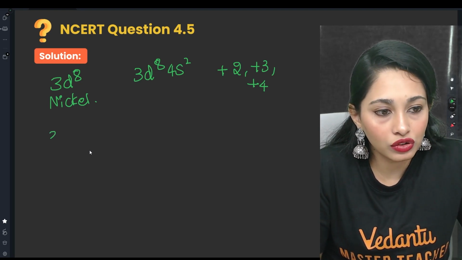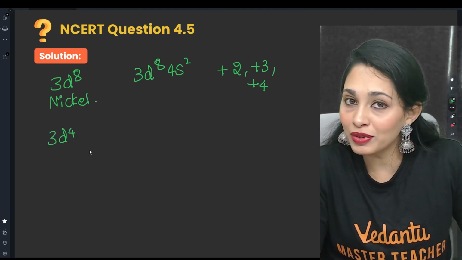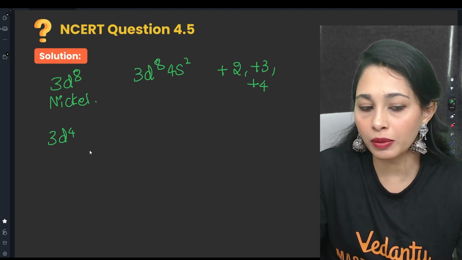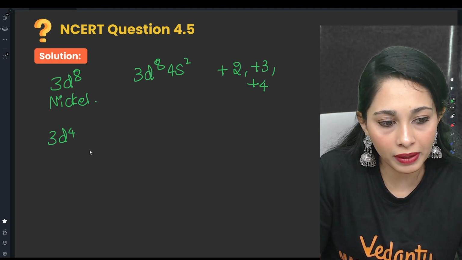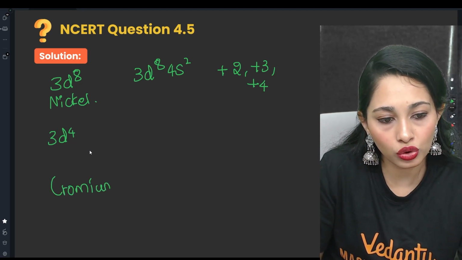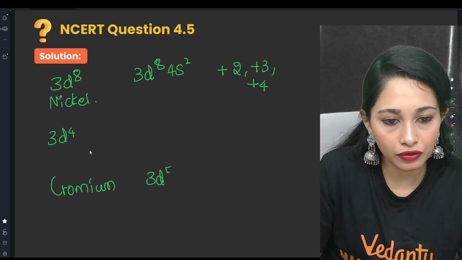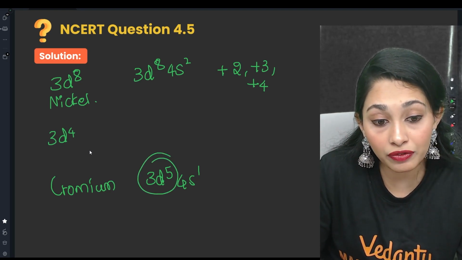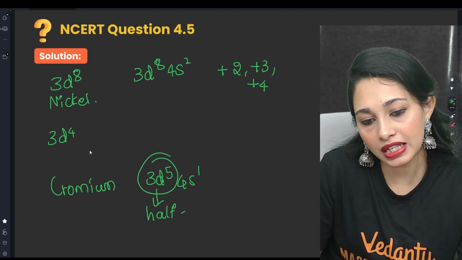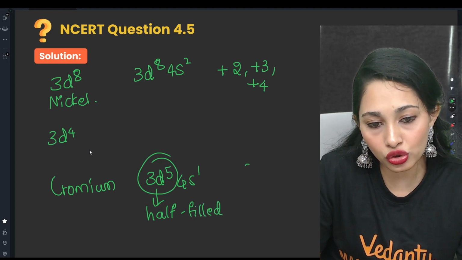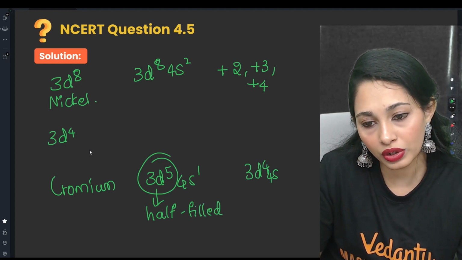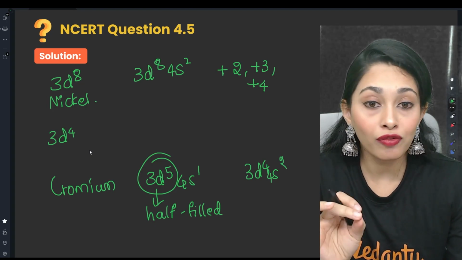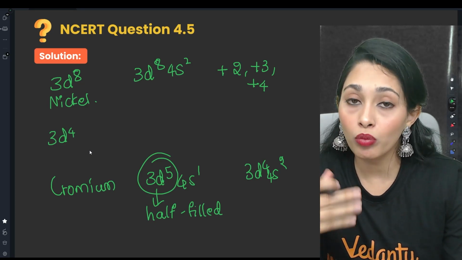And then we have 3d4 ground state configuration. Actually, 3d4 is not shown by any of the metals, because when it comes to chromium, it shows 3d5 4s1 configuration. Why? Because 3d5 is half filled. Rather than showing 3d4 and 4s2, it shows 3d5 4s1 electronic configuration, because half filled and completely filled orbitals are more stable.